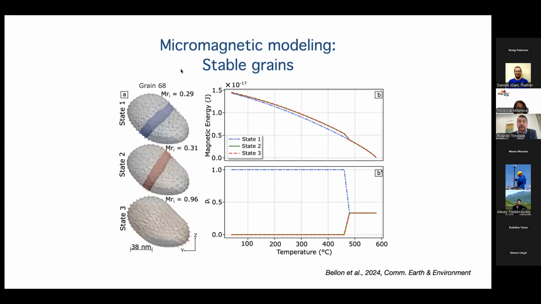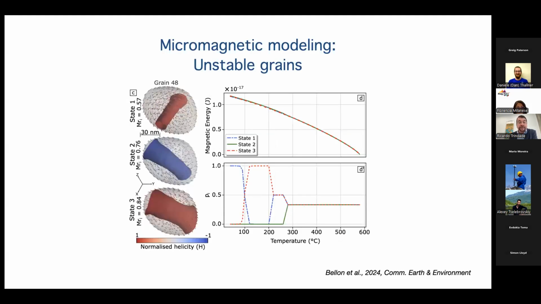This is a typical one, showing that there is only a common state throughout the whole range of temperatures. But we also have some grains in which we can assume different states throughout the temperature spectrum, and those grains can fail typical thermal experiments, for example, for paleointensity.